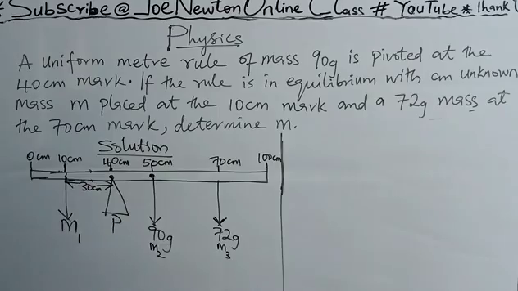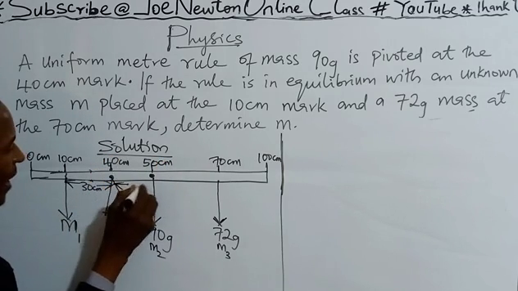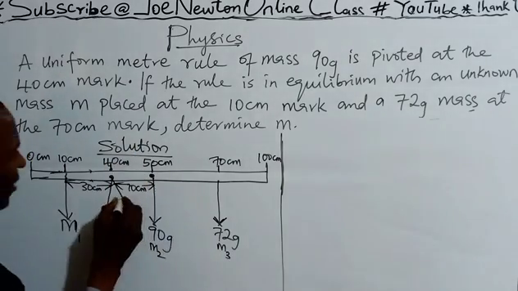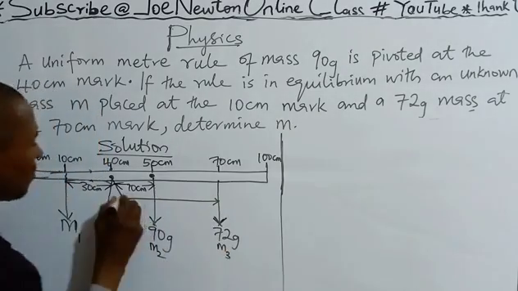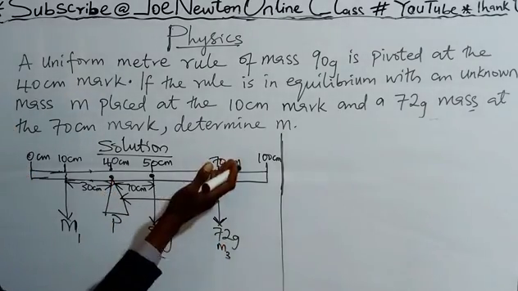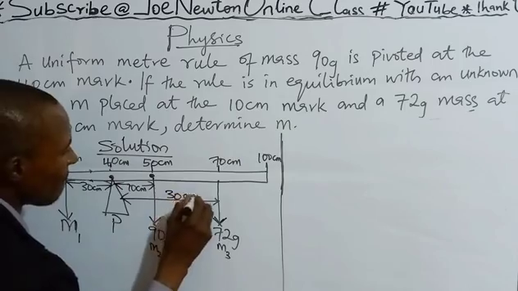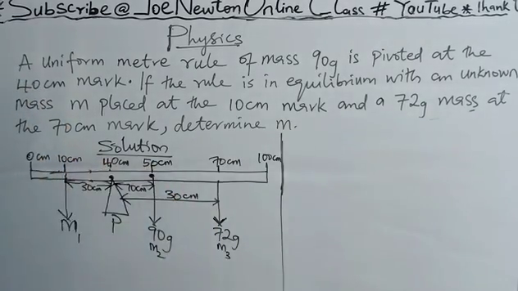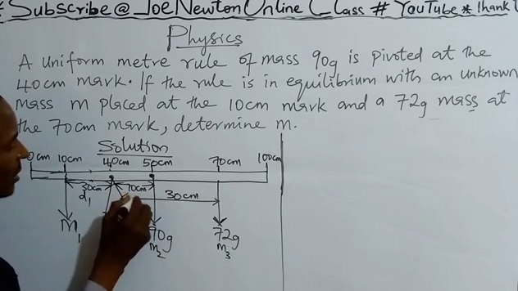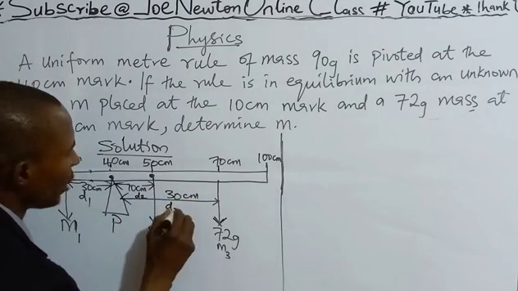Then the distance of the 90 gram mass from the pivot is 50 minus 40, which is 10 cm. Distance of the 72 gram mass from the pivot should be 70 minus 40, which gives us 30 cm. Not from here, but from the pivot. Then we can label the distances D1, D2, and D3.